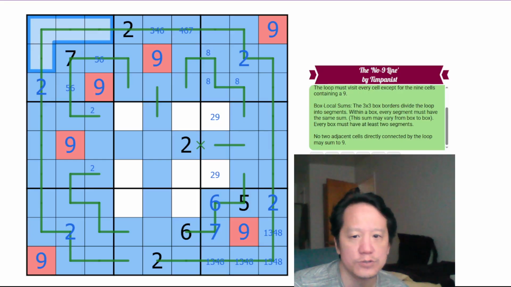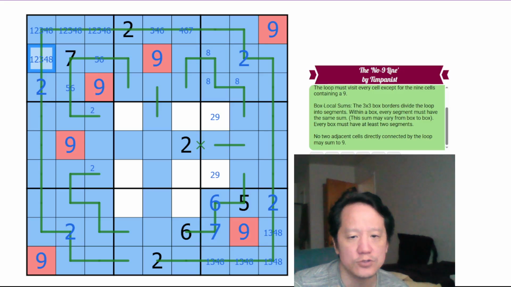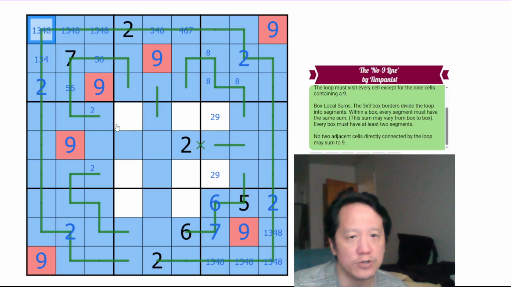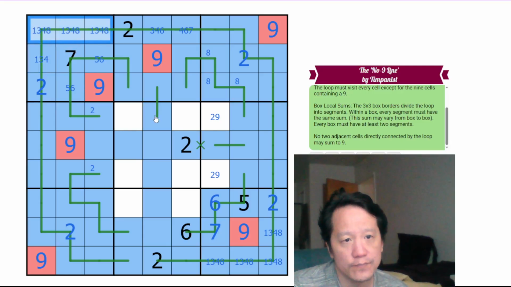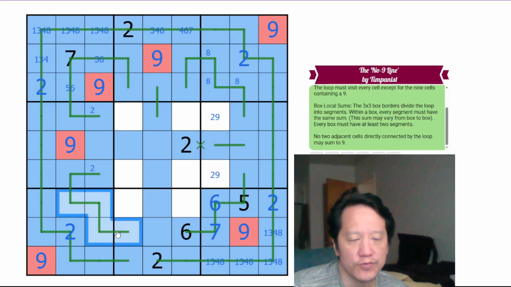So this is 1, 2, 3, 4, 8. With the 8, obviously no 2 because we have the 1, 3, 4, 8. With 8 not being here, 8 has to be one of these 3. Six cannot be either of these.